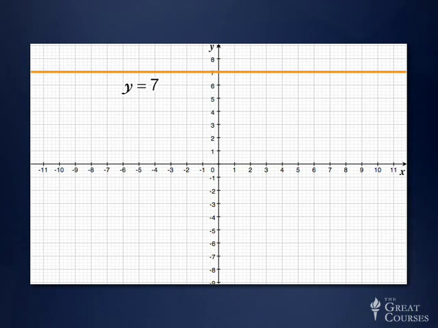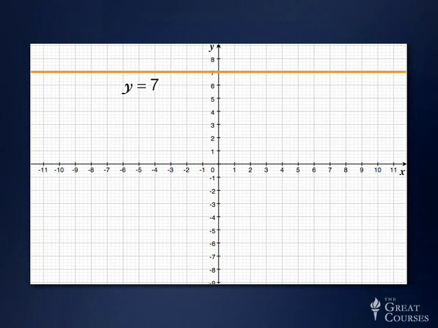So it's the line that goes through points like (0, 7), and (3, 7), and (-5, 7). It goes through all the points where the y-coordinate is 7. So it's that horizontal line. Okay, so that's how we would start with graphing there.